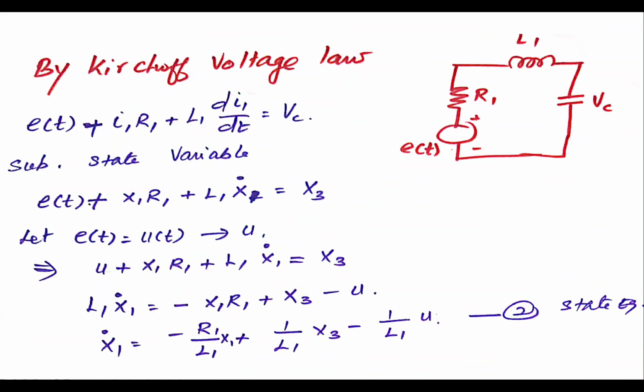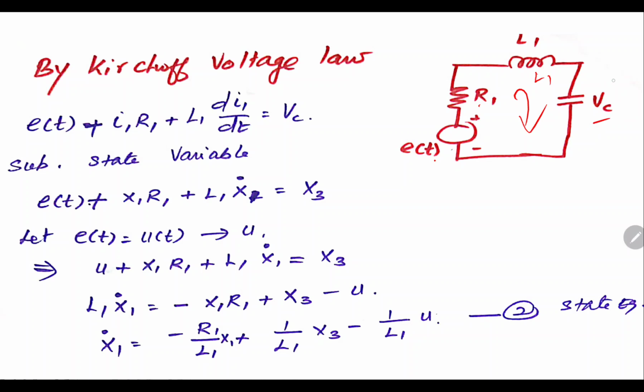Now we are going to use Kirchhoff's voltage law. We are going to find two more equations. First, I am going to take the first loop, and then we will take the second loop. In the first loop we have a source, resistor R1, inductor L1 and a capacitor.